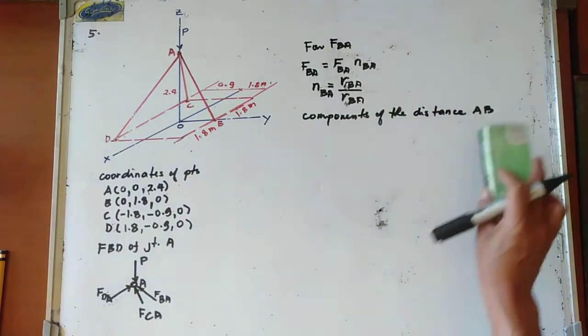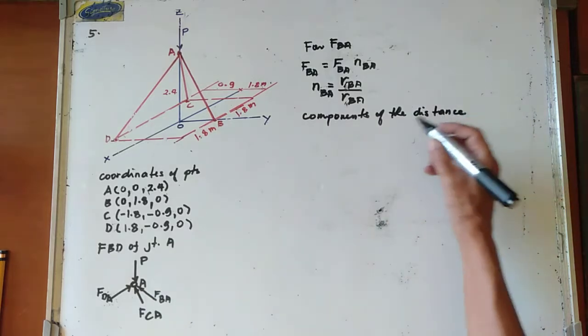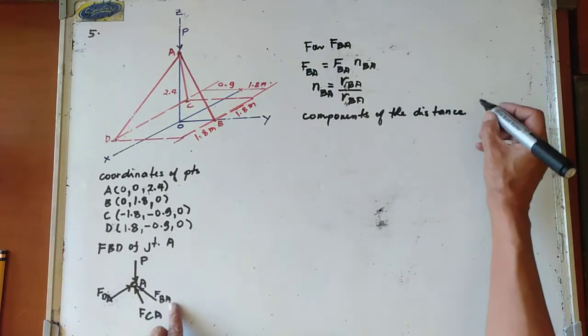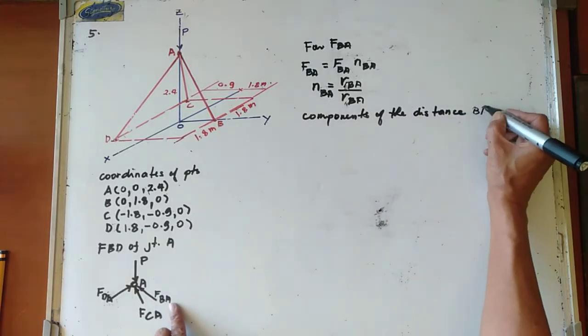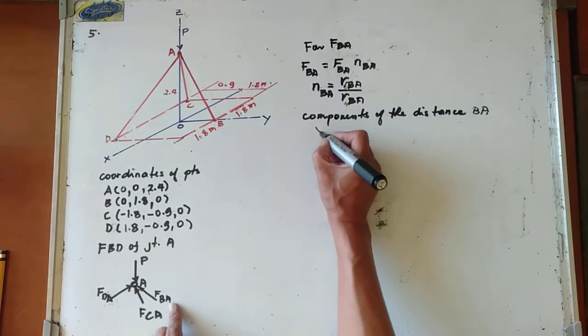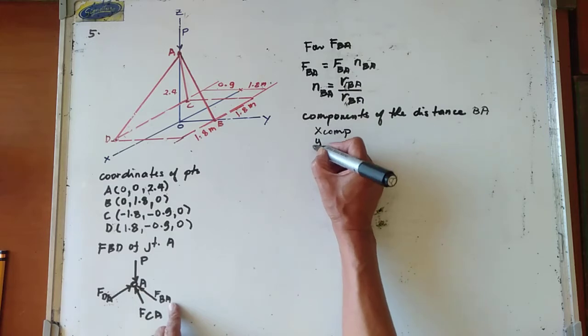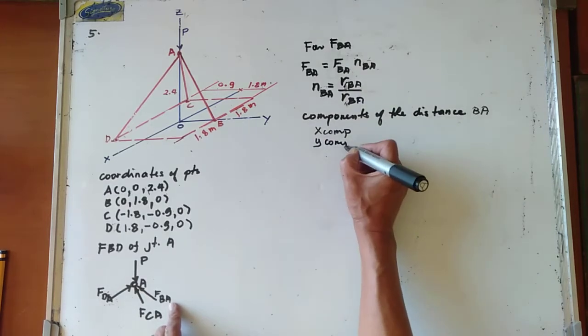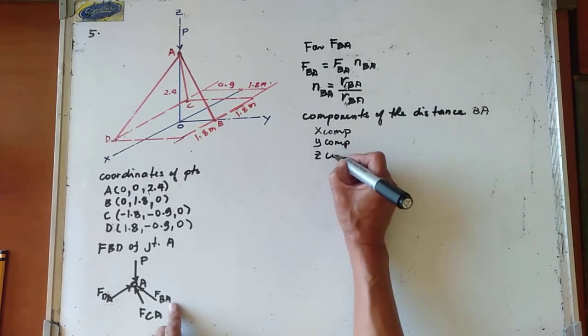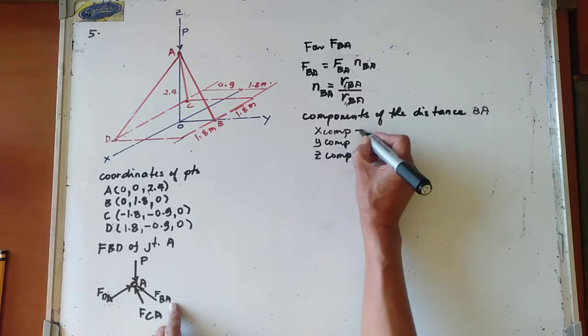So we have to compute the components of the distance BA: the x component, the y component, and the z component.